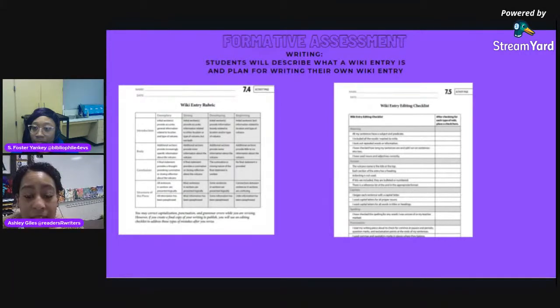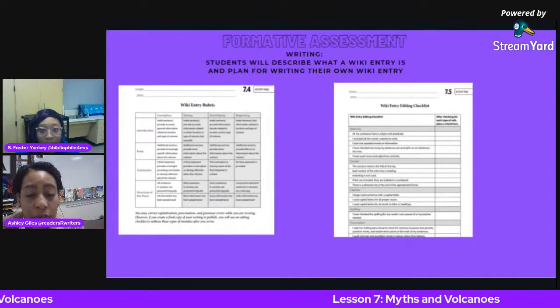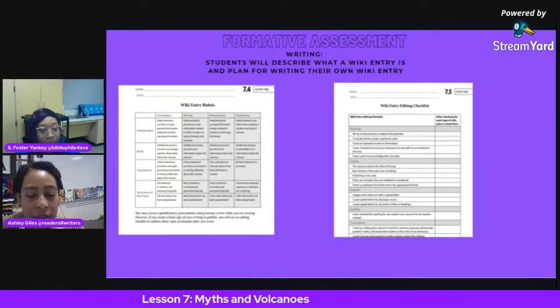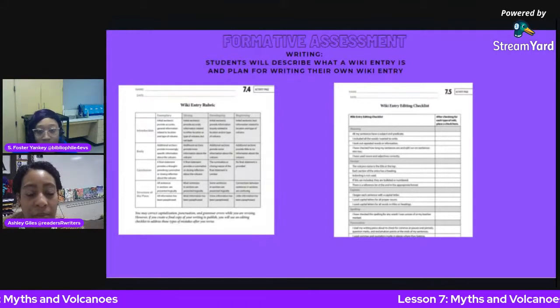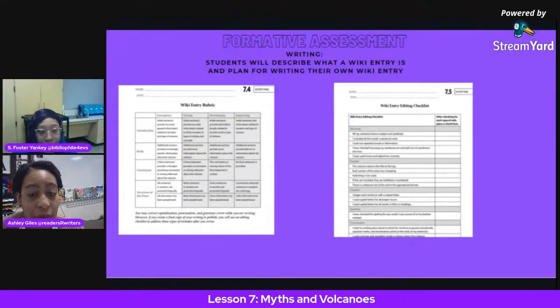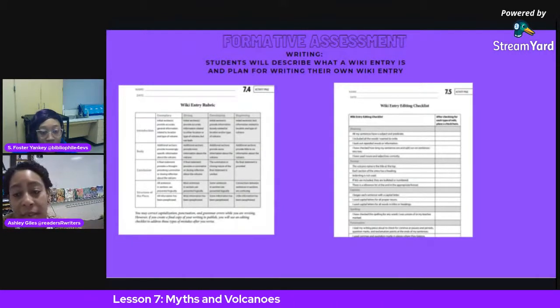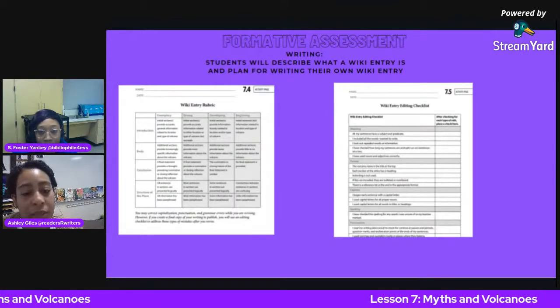The assessment is basically a rubric. Students are going to eventually write an entry surrounding volcanoes, but they're just going to be looking at this rubric in order to help them plan for their writing. Activity page 7.5 is a checklist of things that need to be included in that wiki.